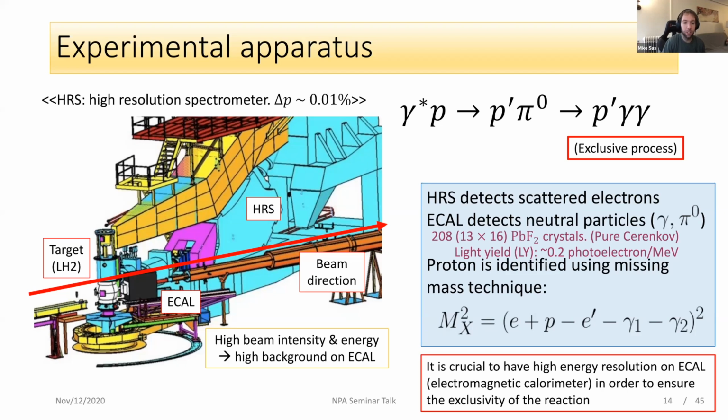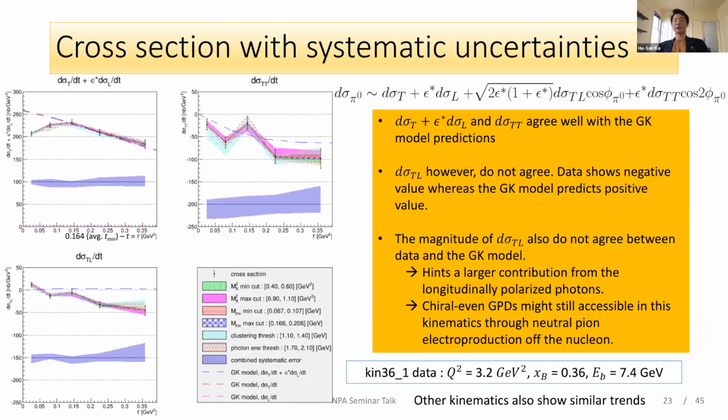Anyone else with a question? I have another beginner question, Hosan. On slide 23, where you were showing your cross sections. What does it mean to have a negative cross section? Oh, yes. We call it cross section, but it's actually the interference term.